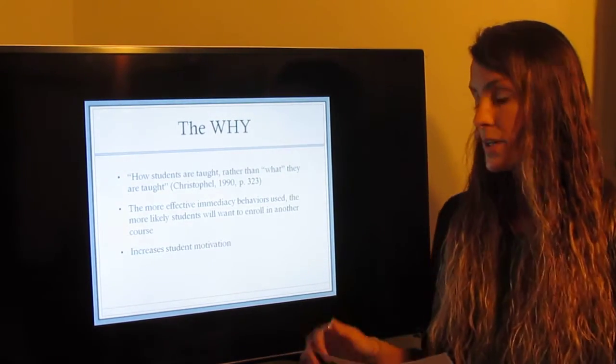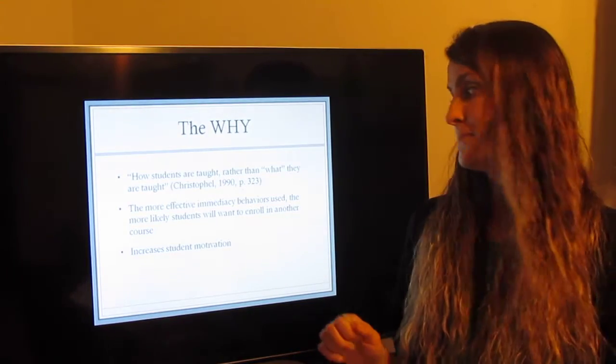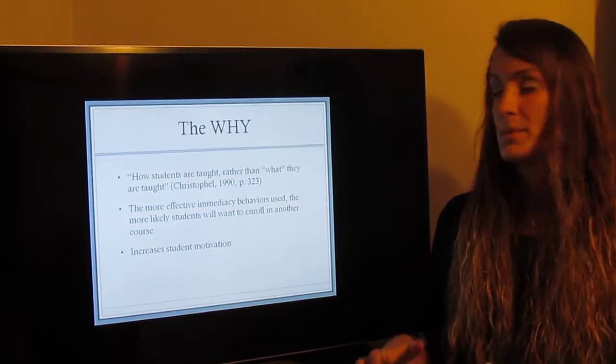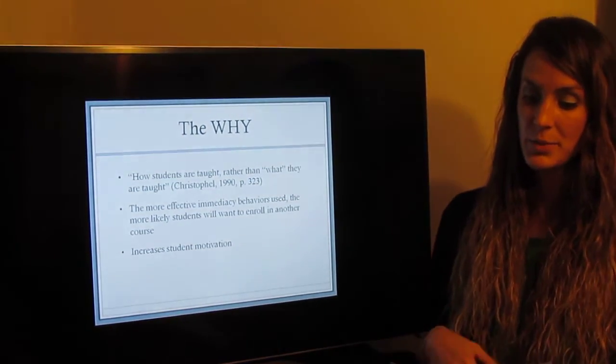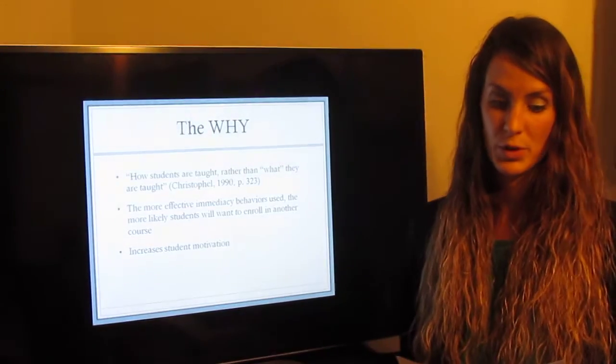And then next, the more effective immediacy behaviors used in the classroom, the more students will want to enroll in another course.